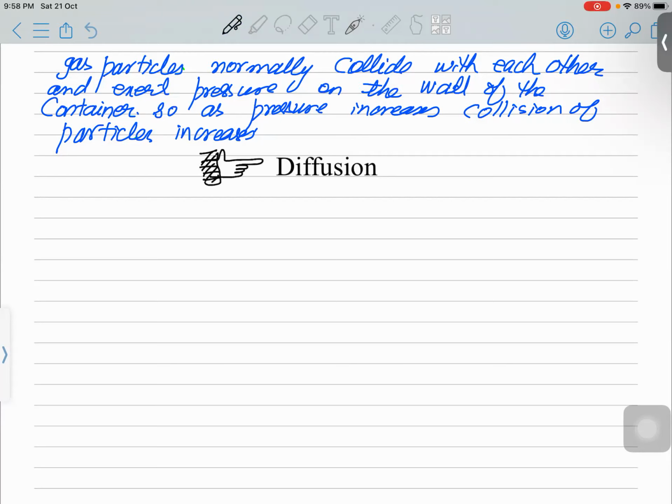Diffusion. Can you tell me what is diffusion? Diffusion is the movement of particles from a region of high concentration to a region of low concentration. Very good. This is called concentration gradient.